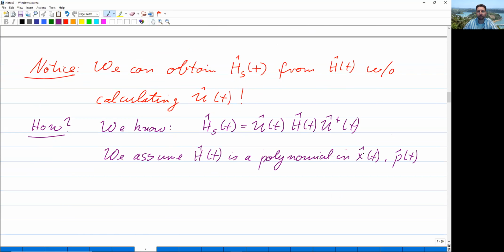Of course, there could be many position operators, many momentum operators, but there's no point in keeping those indices around. So we write it as H hat of x hat of t, p hat of t, and the coefficients could also be time dependent.